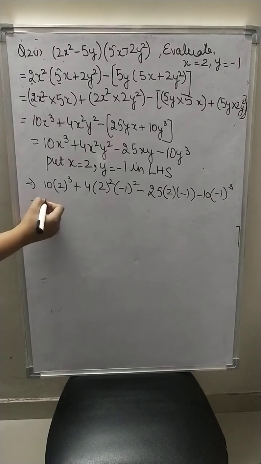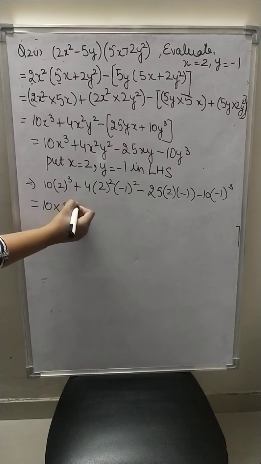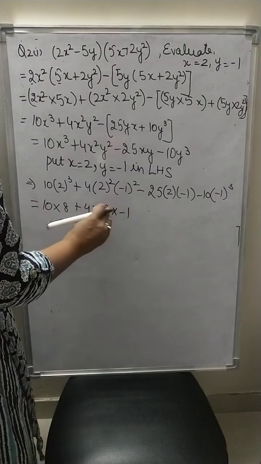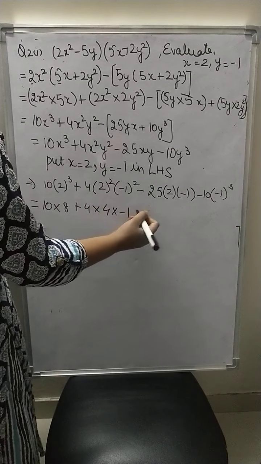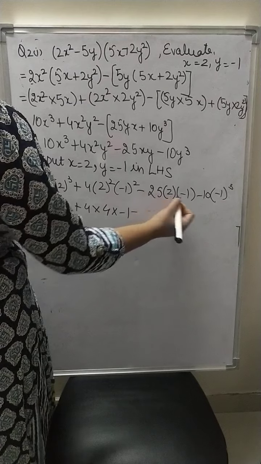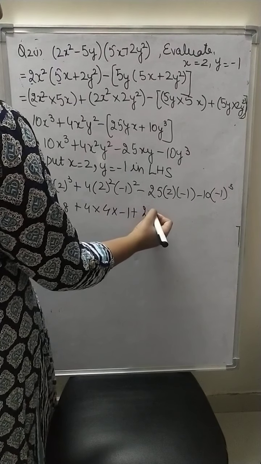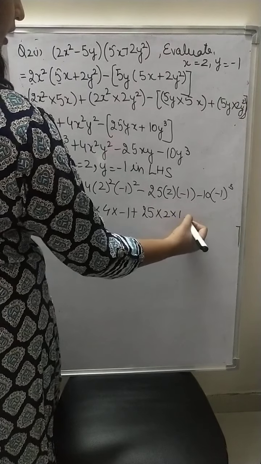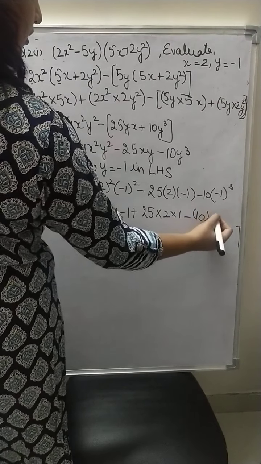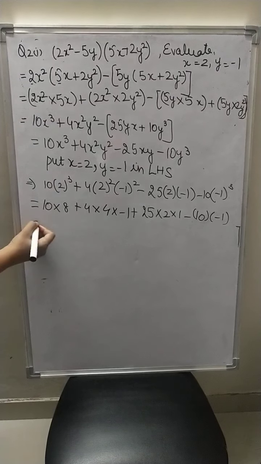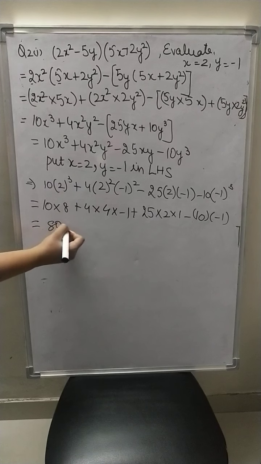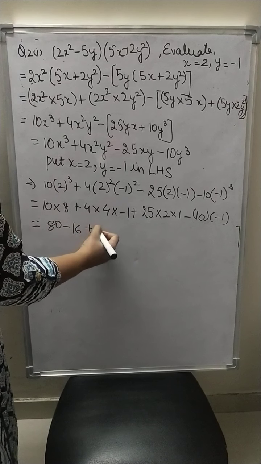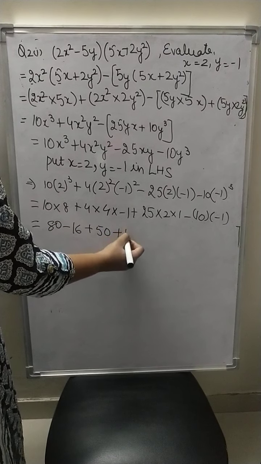So that is equal to 10 into 8 plus 4 into 4 into -1 minus, and minus will make a plus, 25 into 2 into 1. Then again minus 10 into -1. So that is equal to 80 minus 16 plus 50 plus 10.